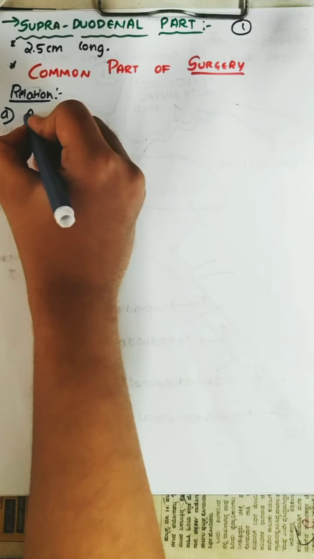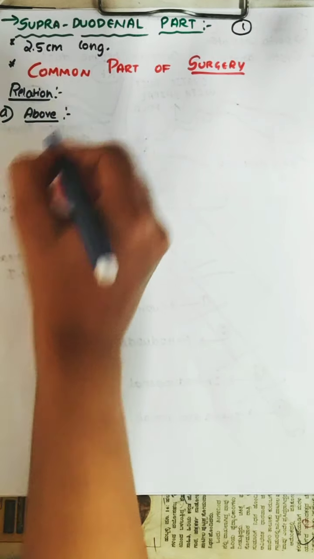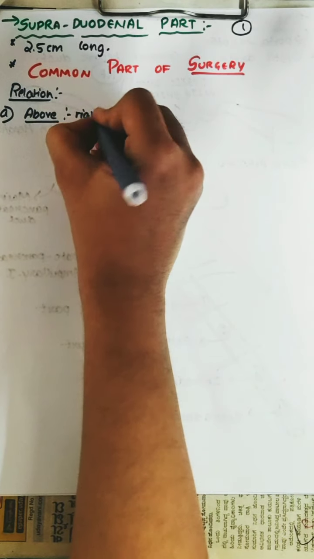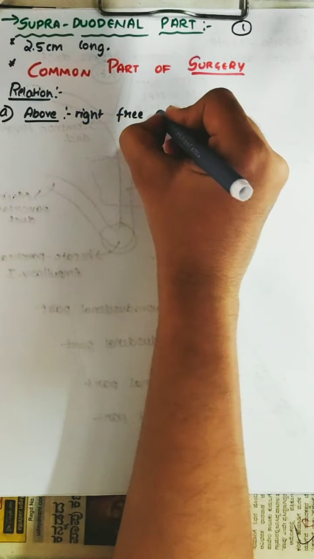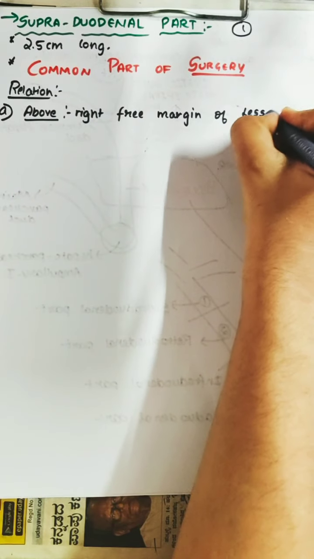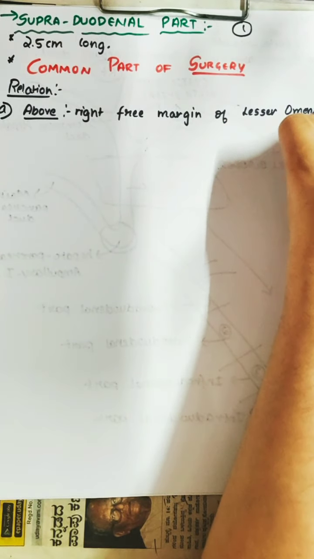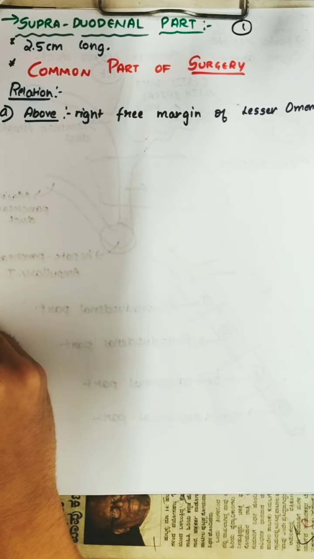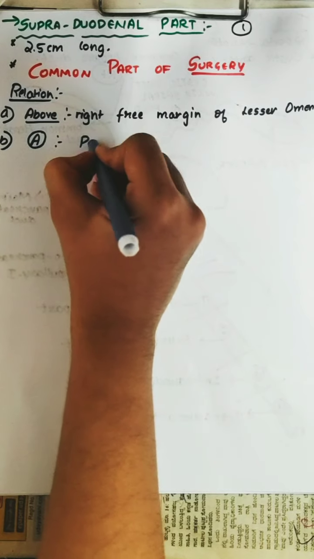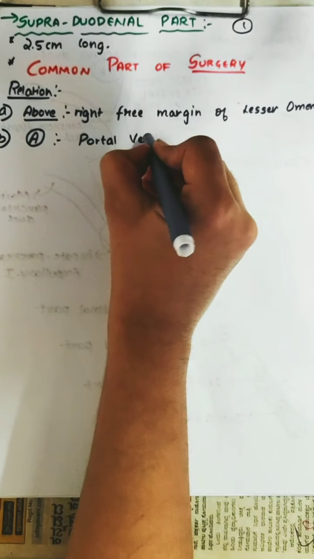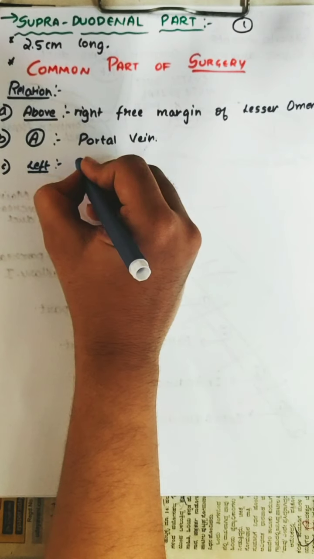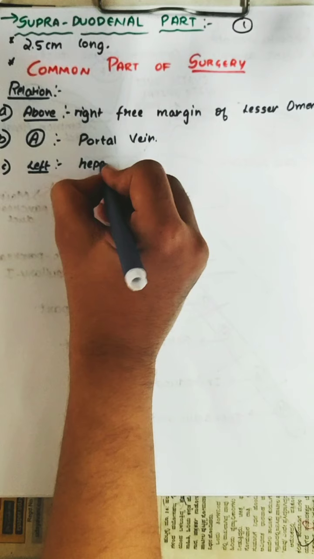First, above the supraduodenal part, there is the right free margin of the lesser omentum, whereas anteriorly there is the portal vein, and on the left side there is the hepatic proper artery.